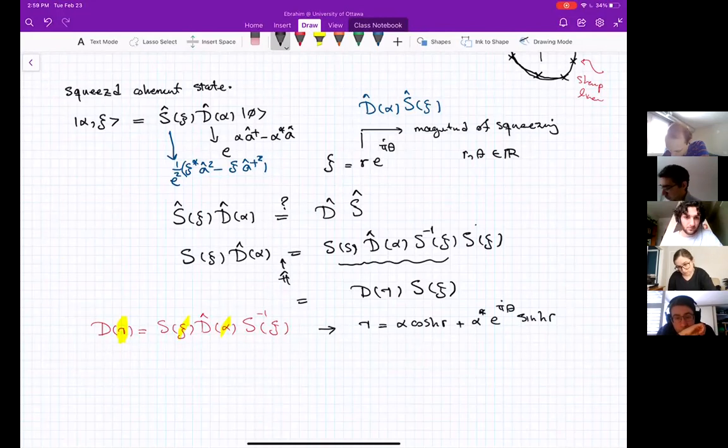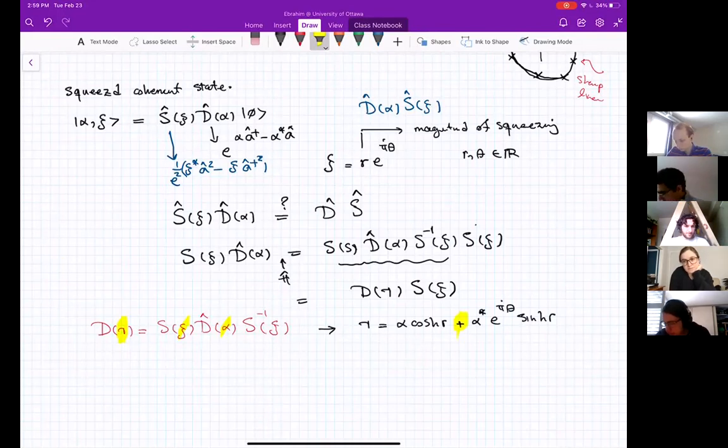Check for the sign. I don't remember really the sign. It should be positive or negative, but essentially it is a rotation in basis of r.